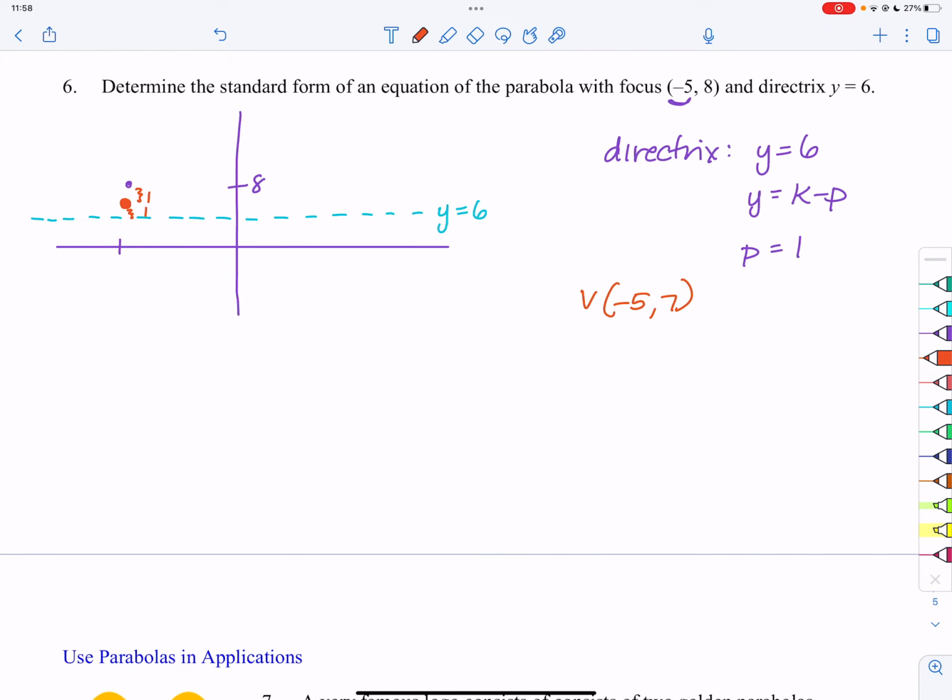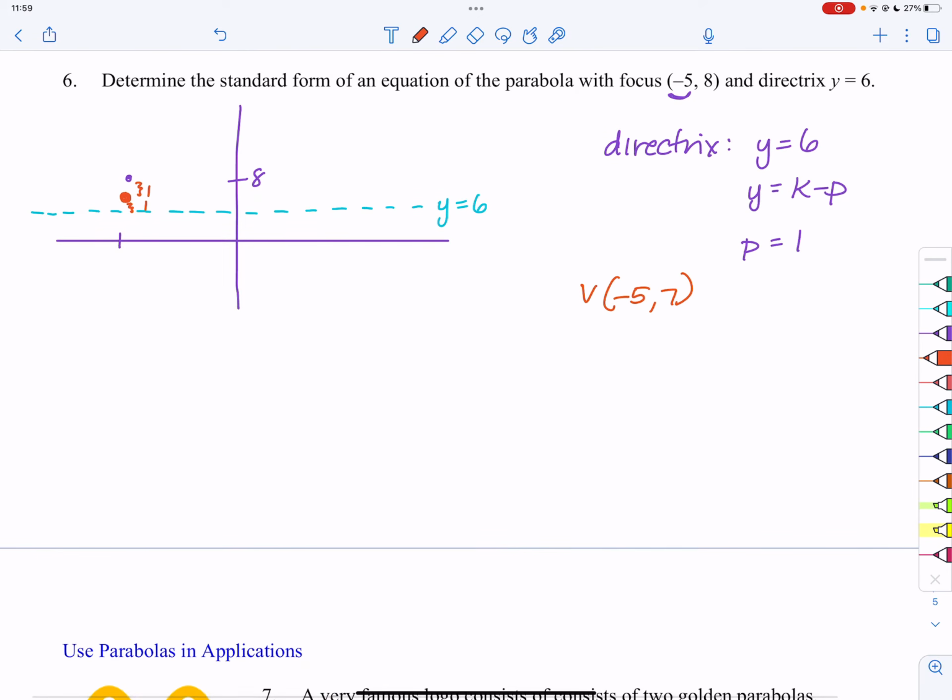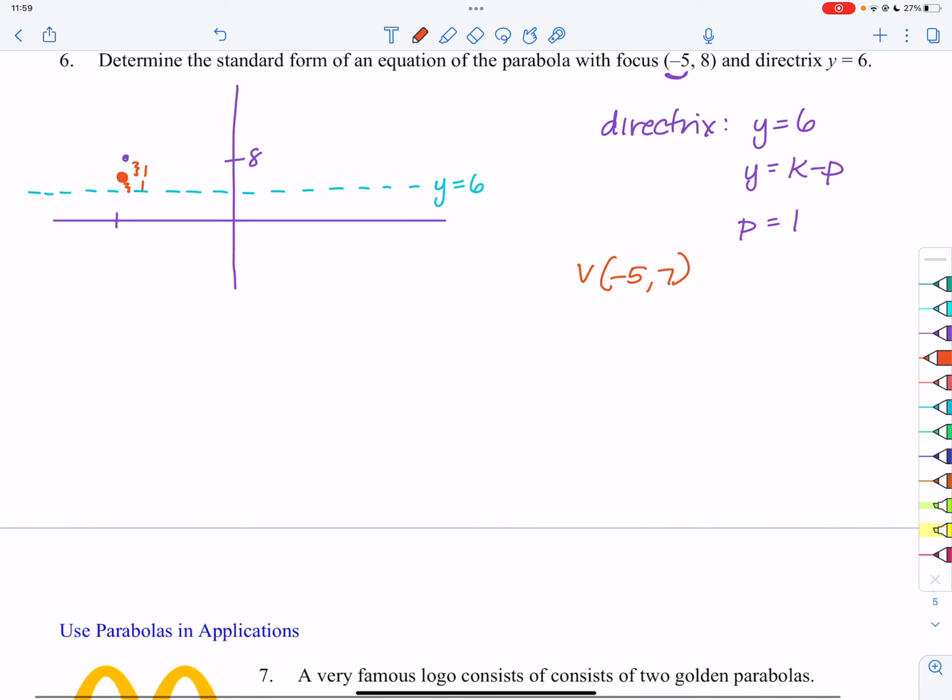Since we have p equal to 1 and a directrix y equals, we know the axis of symmetry is vertical, and we also know that our equation is (x minus h) squared equals 4p times (y minus k).